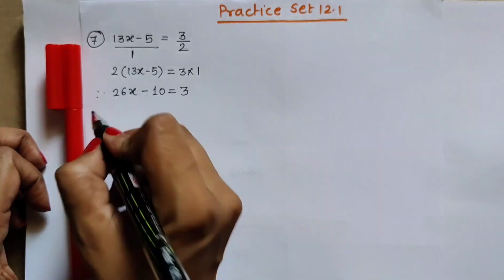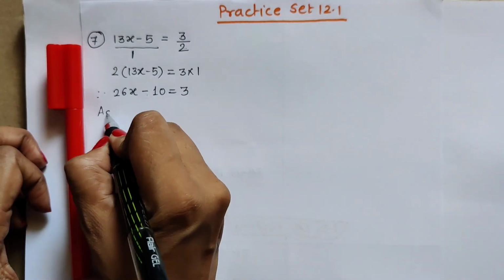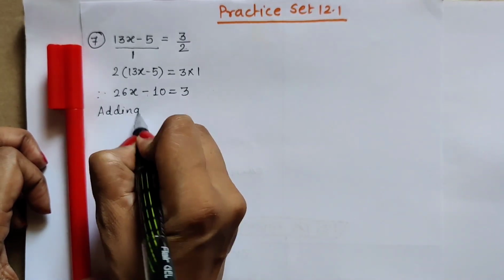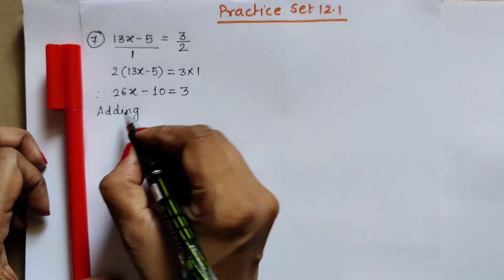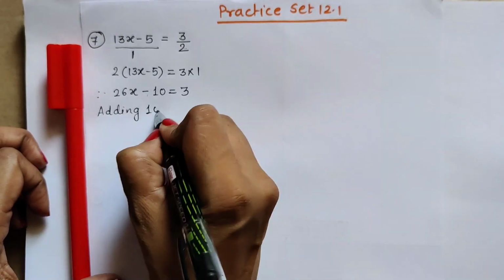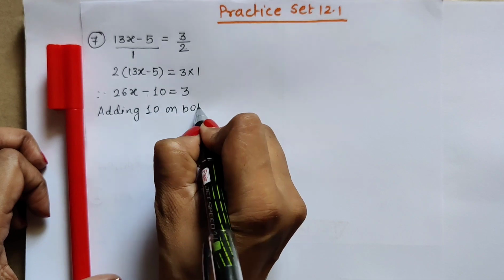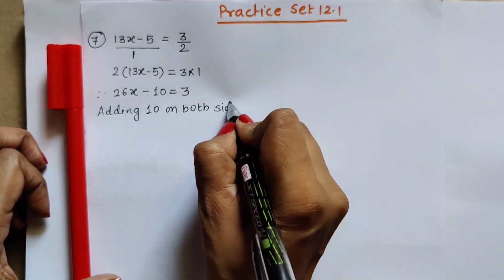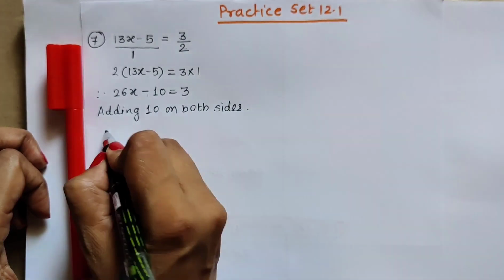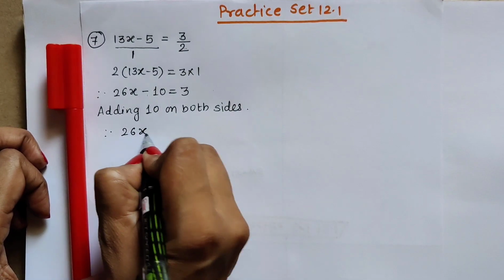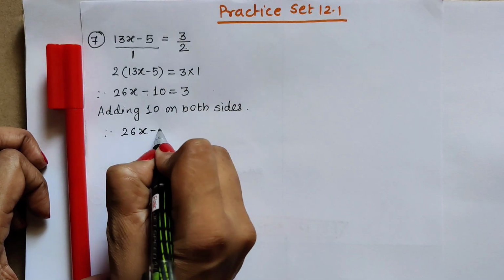So we have to do the opposite operation, which is adding. Here it is subtraction, so we add 10 on both sides. 26x minus 10 plus 10.